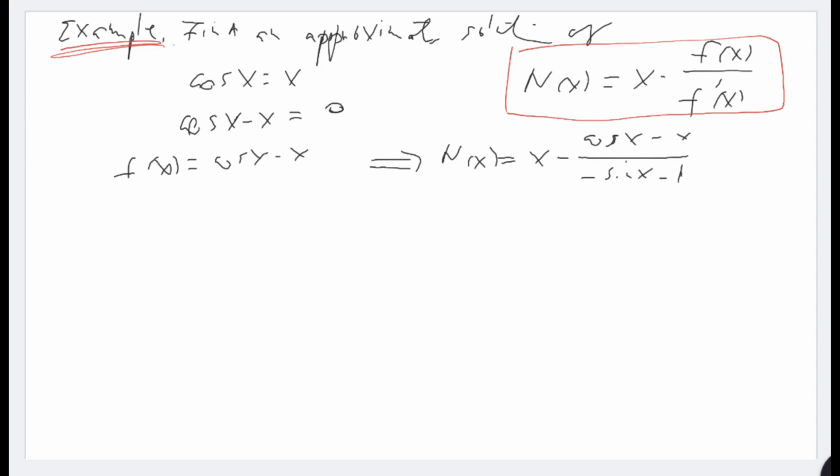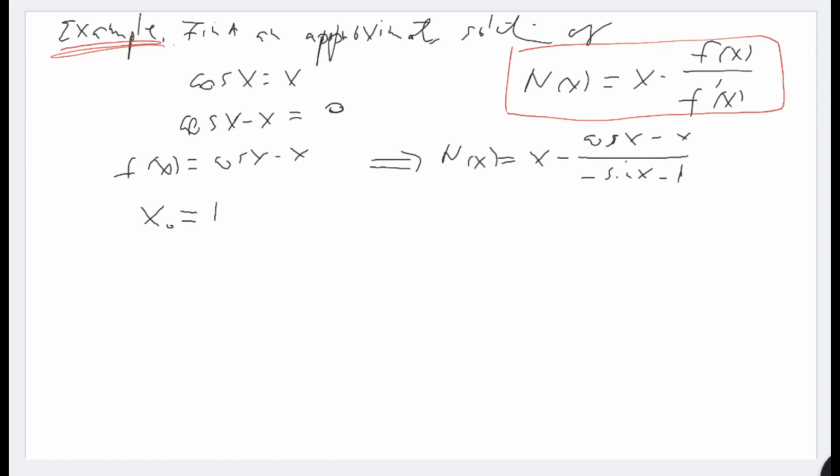Let's pick the first location. Generally speaking, if an interval is given, you probably want to pick the middle point.